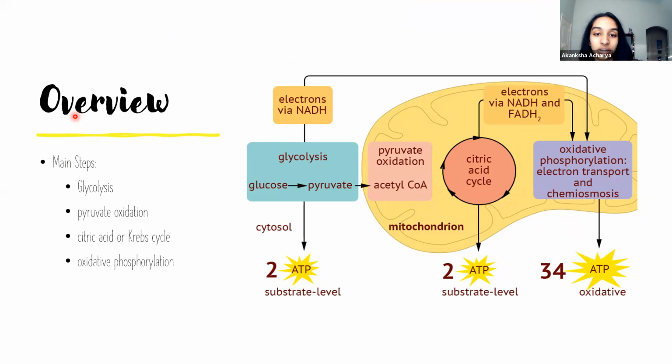Glycolysis is when we convert glucose to pyruvate, and we end up making 2 ATPs in this process. We also make NADHs, which is great. Then your pyruvate is transported into the mitochondria, loses a carbon dioxide, is oxidized, adds a sulfur coenzyme A, and now we call it acetyl-CoA.